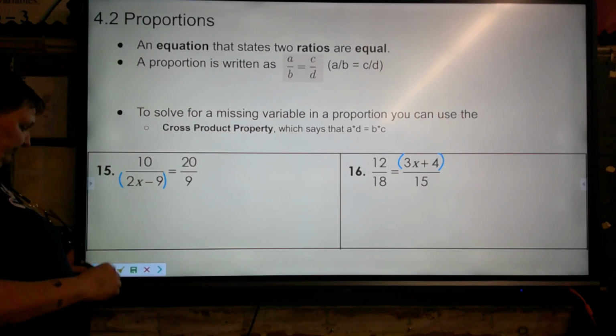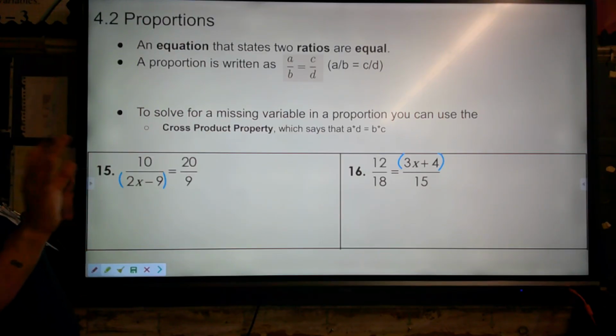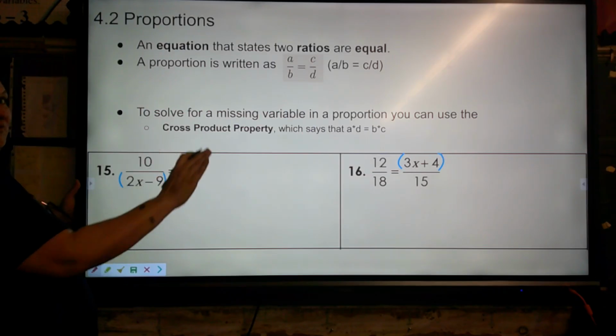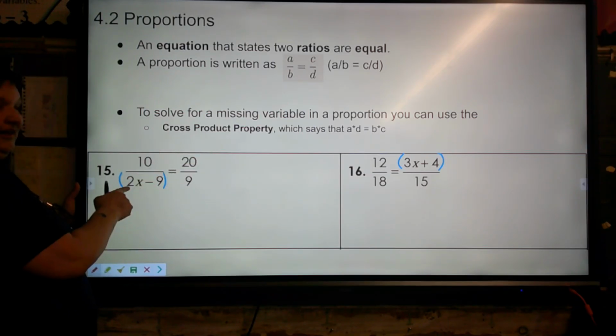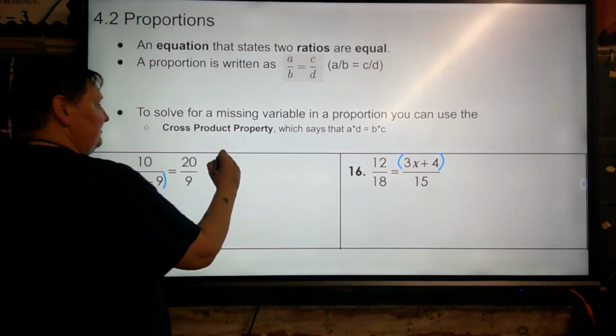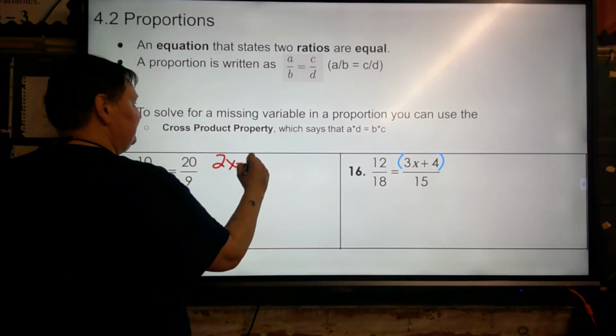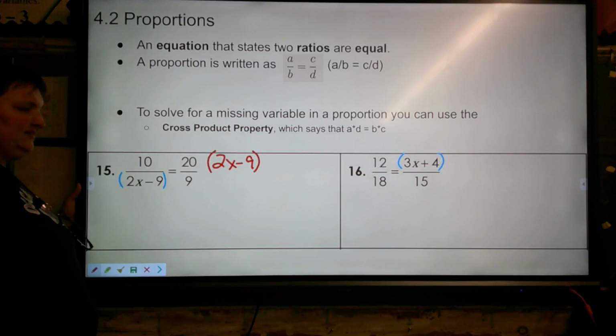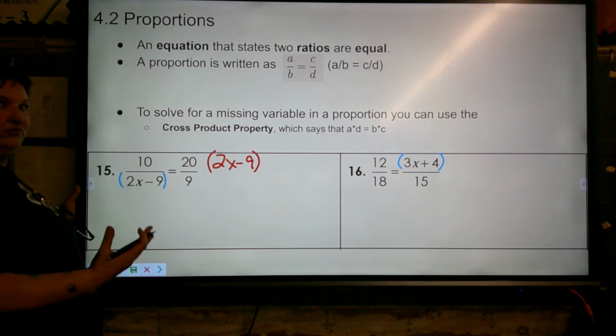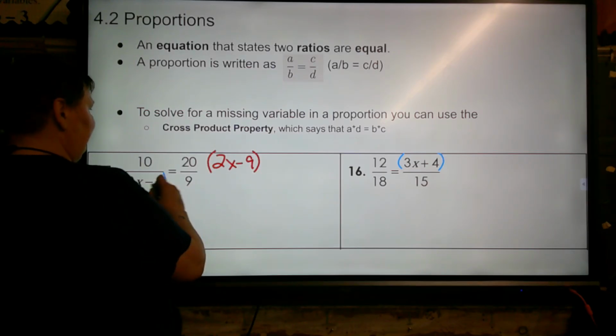Now, same process as before. Doesn't matter where you start, go cross product. I like my x's on the left, don't judge me. So 2x minus 9, don't forget the parentheses, because you don't know if you still need them, because it's still a group, right?